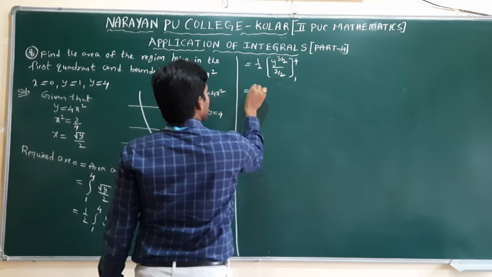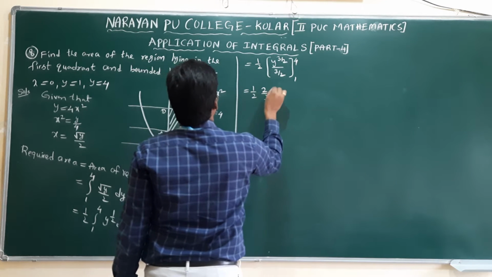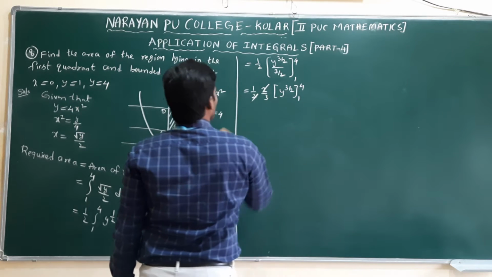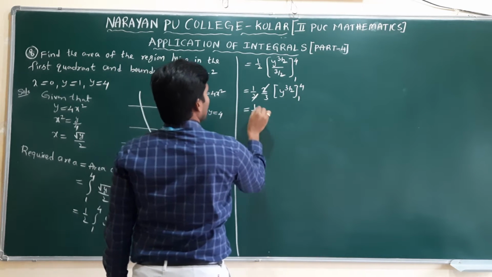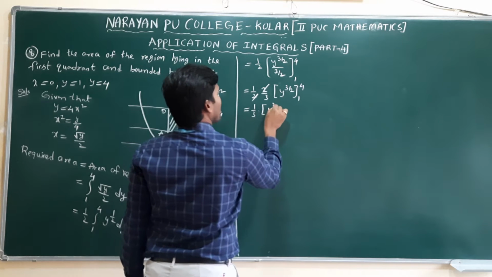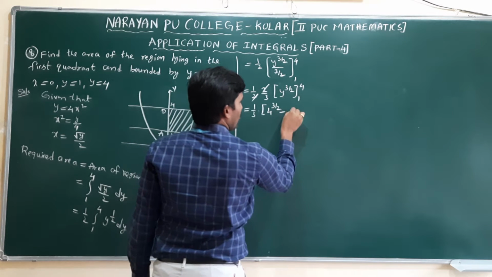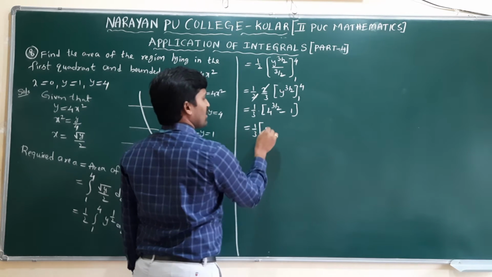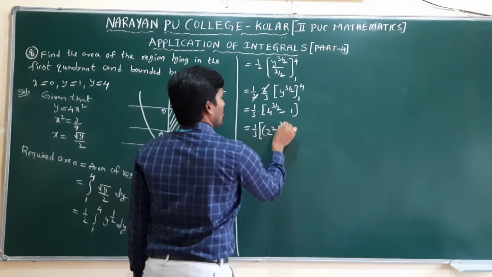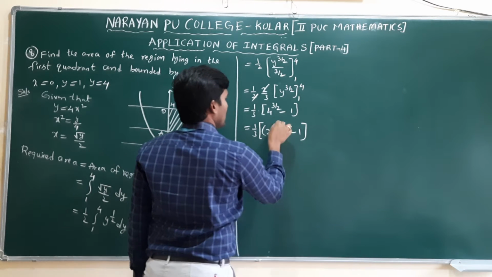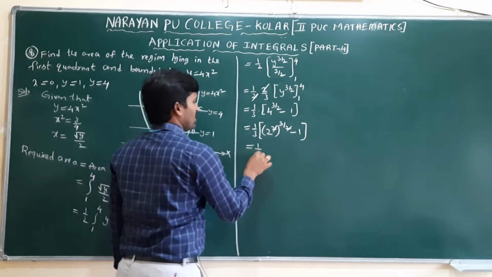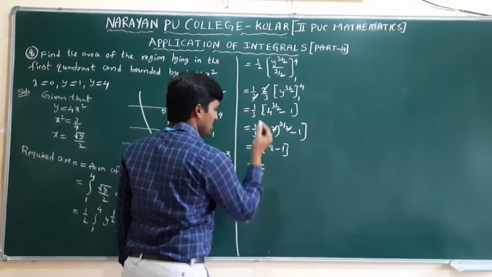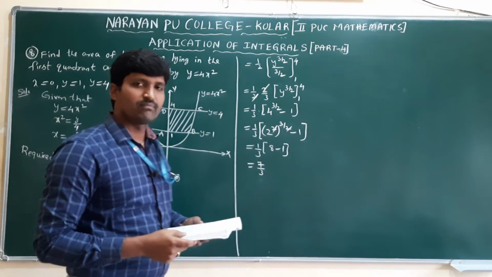It becomes reverse, 1 by 2 into 2 by 3 y power 3 by 2 from 1 to 4. 2 gets cancelled. 1 by 3 into upper limit substitute 4 power 3 by 2 minus 1 power anything is 1 only. 1 by 3, 4 we can write 2 square whole power 3 by 2 minus 1. Here 2 gets cancelled. Now 1 by 3 into 8 minus 1, that is the answer 7 by 3.